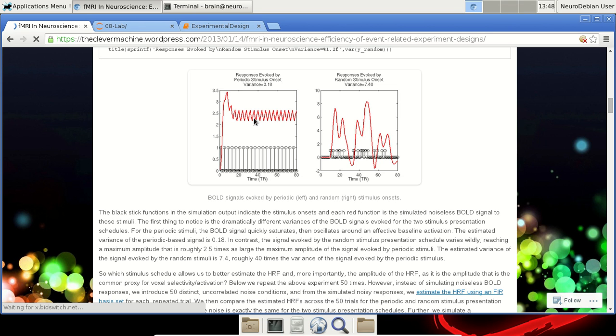So the idea is, in a perfectly noiseless situation, when we just look at the HRF being convolved over each of these lines, each line represents a stimulus onset, and the subsequent red lines represent the HRF, or the bold response, that we get as a result of seeing the stimulus. And same idea here for the random presentations.